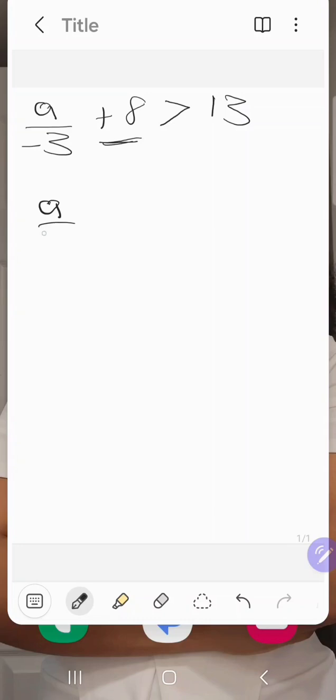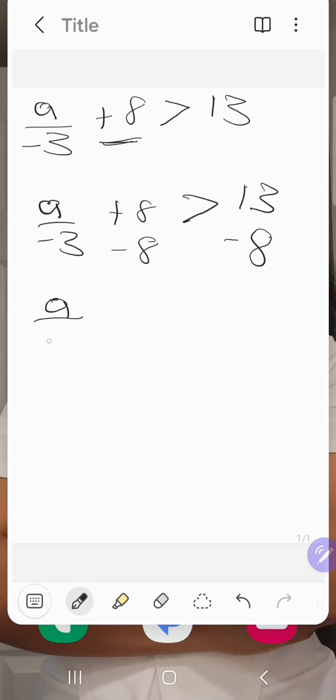So it's going to be a over negative 3 plus 8 minus 8 is greater than 13. Now we're going to be left with a over negative 3 is greater than negative... when we subtract 8 from 13, we're left with 5.